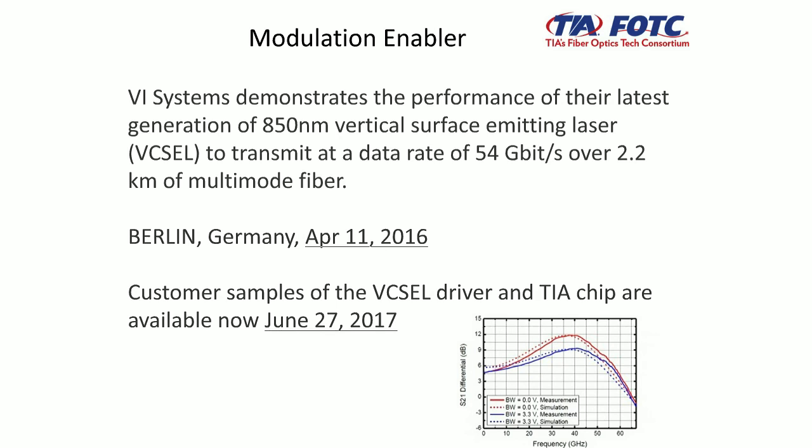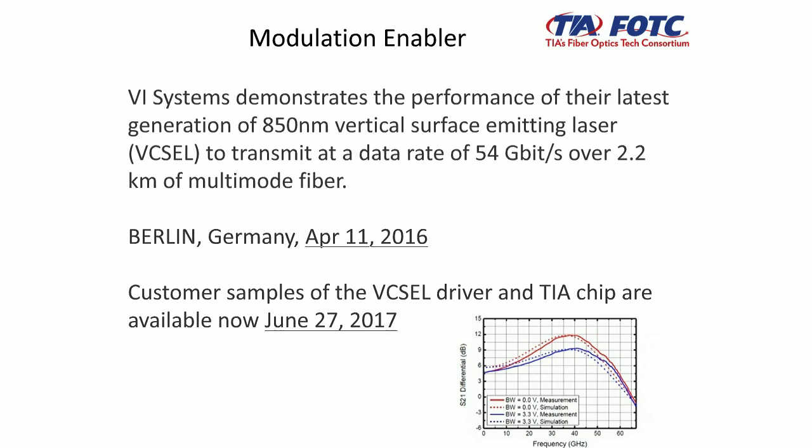So there are demonstrations out there. This was one that was done by Vertically Integrated Systems in Germany. Last year, they drove a specialized VCSEL driver and a specialized receiver and achieved 2.2 kilometers of multimode fiber at 54 gig, just by turning on and off the transceiver.